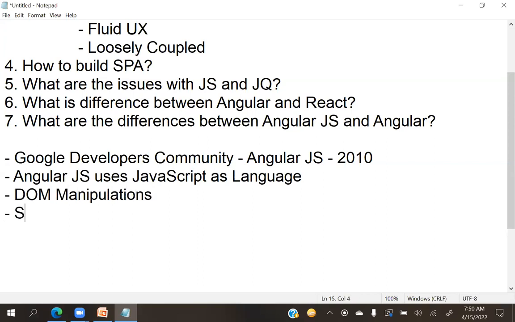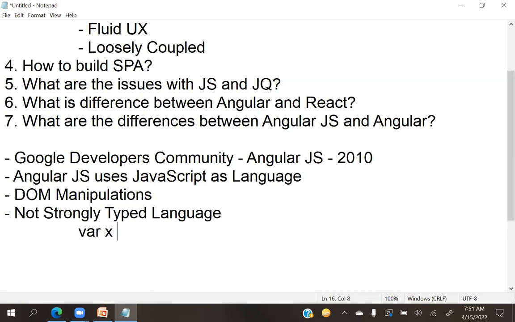JavaScript is not a strongly typed language. Not strongly typed means we don't have a restriction for data types. For example, I said x equal to 10. What is the data type of x? Number. So I can store a string also inside it. There is no restriction. So JavaScript is not strongly typed.